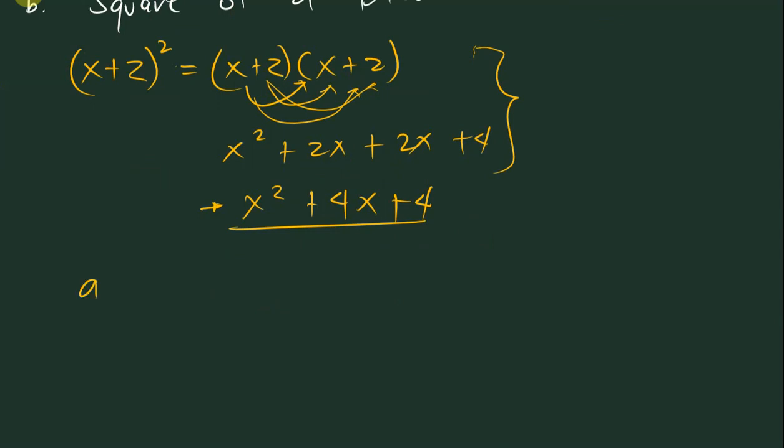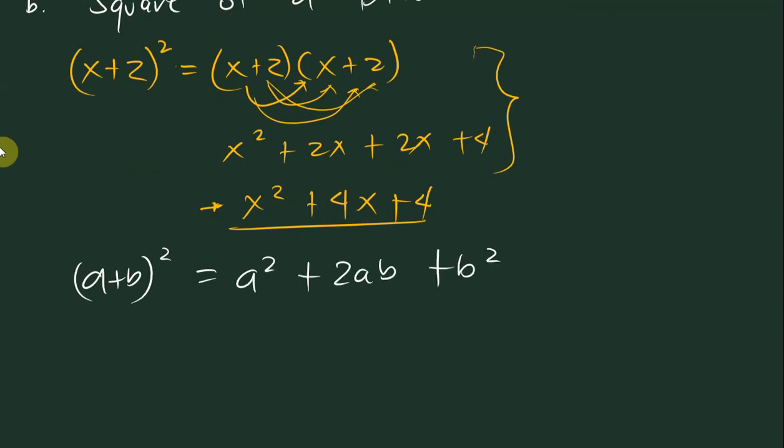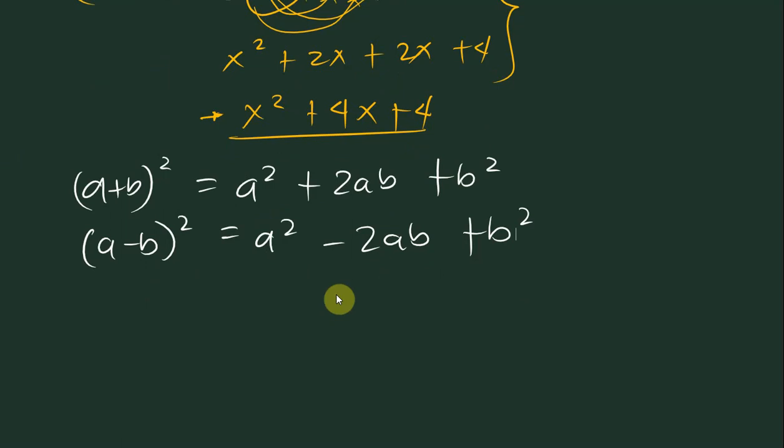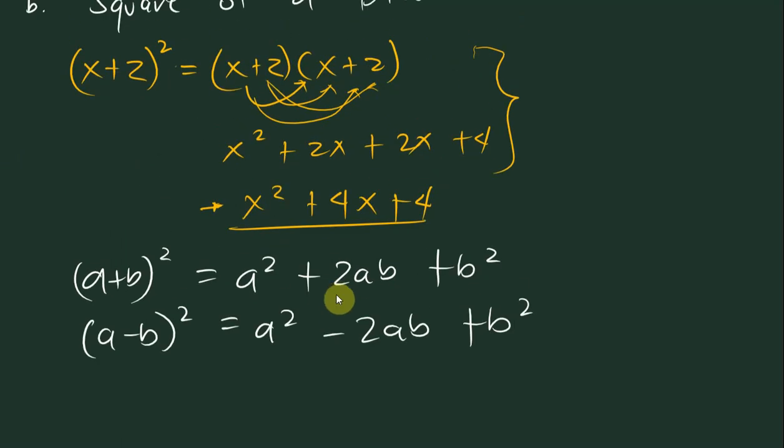Okay, so for square of a binomial, we have these patterns. Okay, a plus b squared is equal to a squared plus 2ab plus b squared, and then we have a minus b squared is equal to a squared minus 2ab plus b squared. So let's say for example, in our example, x plus 2 squared has this form, right?